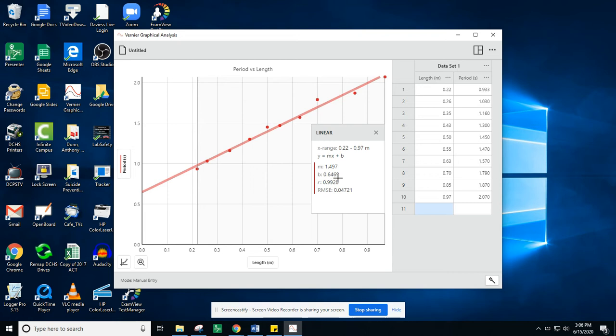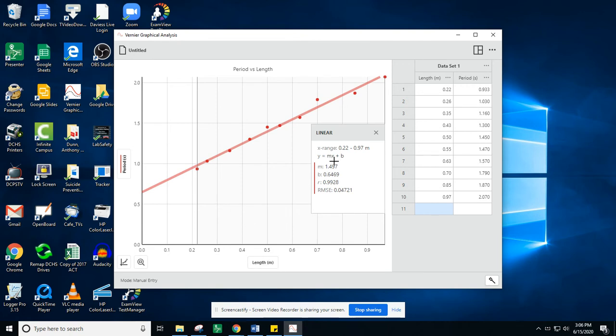You get a slope of 0.64, no, I'm sorry, y-intercept of 0.64 or 0.65, and a slope of 1.4. So if you were going to write the equation of this line right here, you would replace this y right here with T, capital T for period. You'd put this slope of 1.5, let's say 1.5 seconds per meter in for the slope.